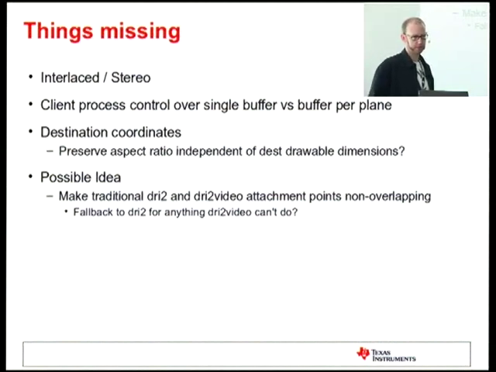But in DRI3 video, if the buffer allocation moves to the client, then that issue kind of goes away. Moving the allocation back over to the client simplifies a lot of this and makes some of this a non-issue.